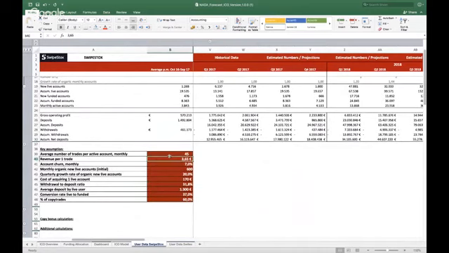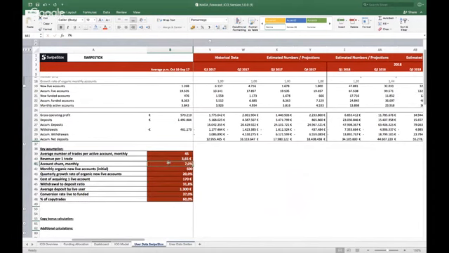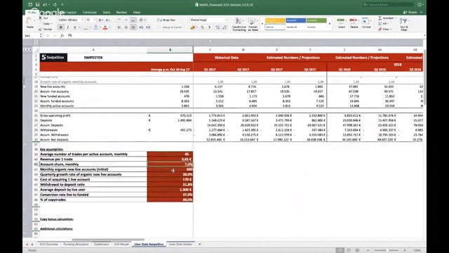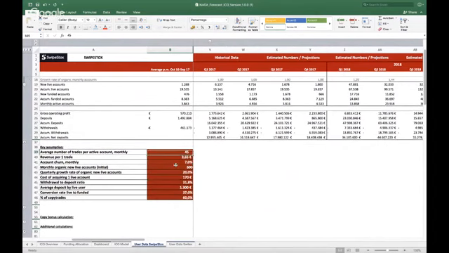So we know from our internal reporting which numbers we get from the users we acquire, and basically the most important thing to know here is that we know from a user that the average number of trades per active account monthly is around 45. We know that the average revenue per trade, which is basically commissions, is around 365 euros.